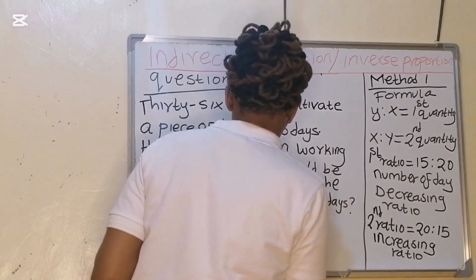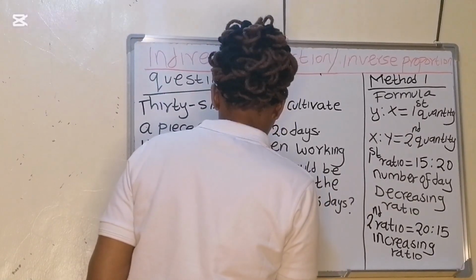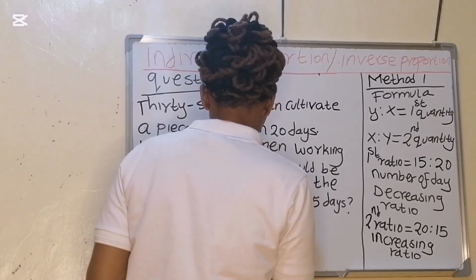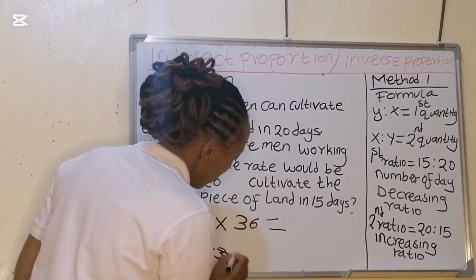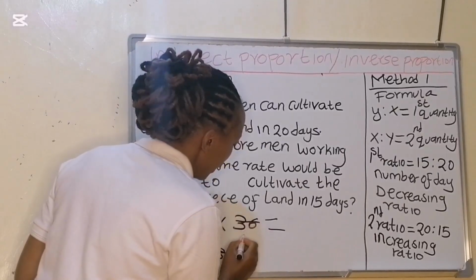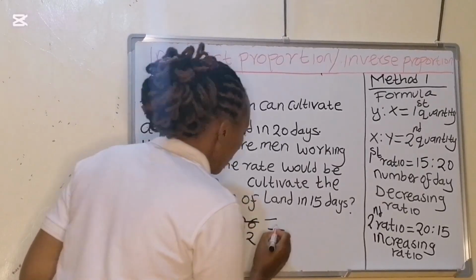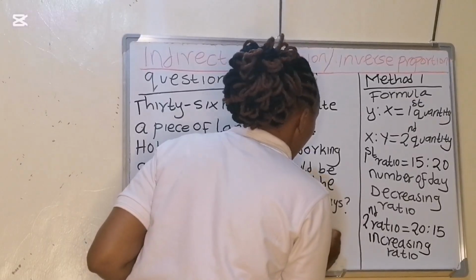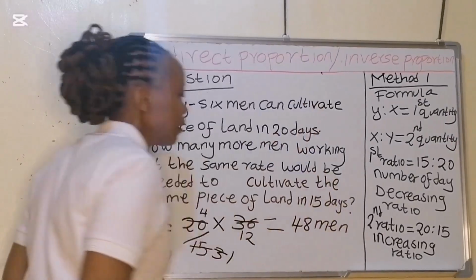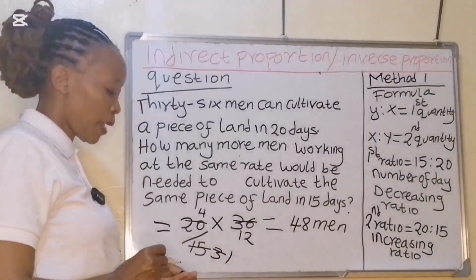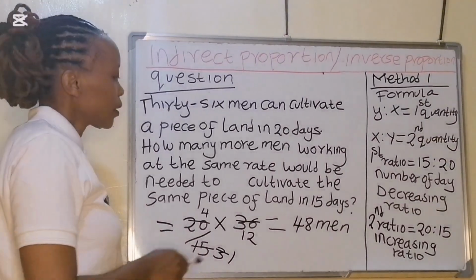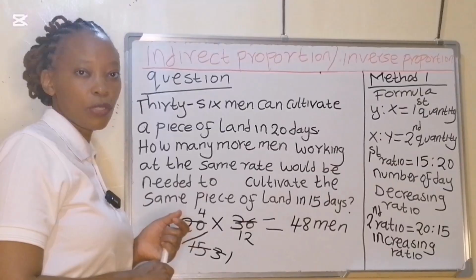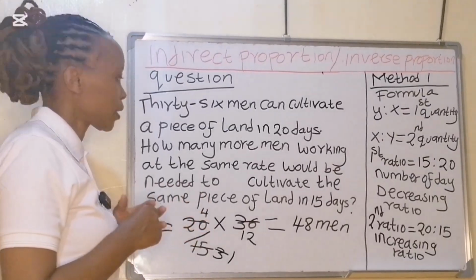So you get, by 3, 1, by 3, 12. You get 48 men. Okay, you get 48 men. But this is not the answer for this question. You still need to do something else.